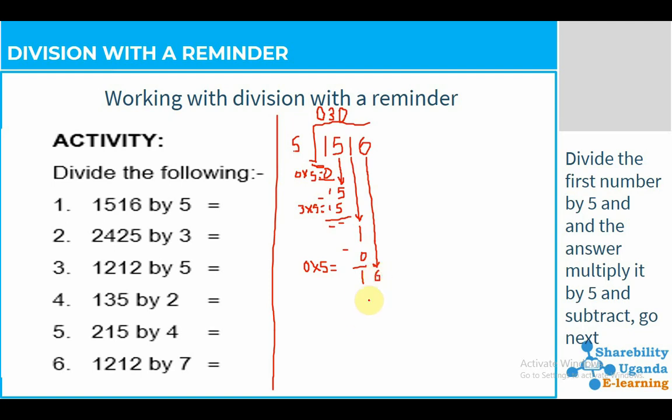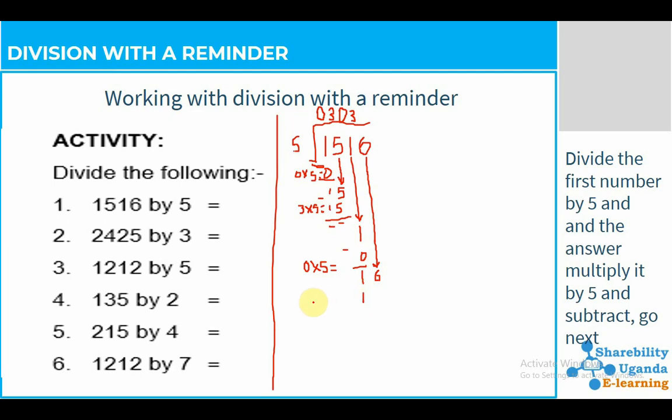And we say 16 divided by 5. What is 16 divided by 5? You get a 3. 3 times 5, you get 15.